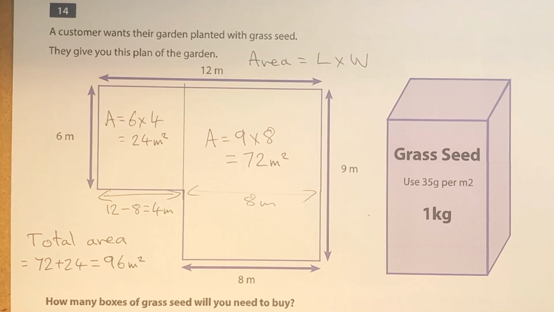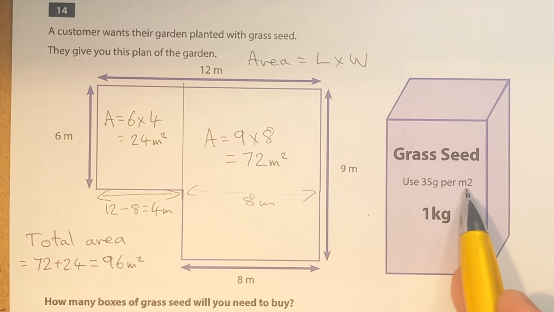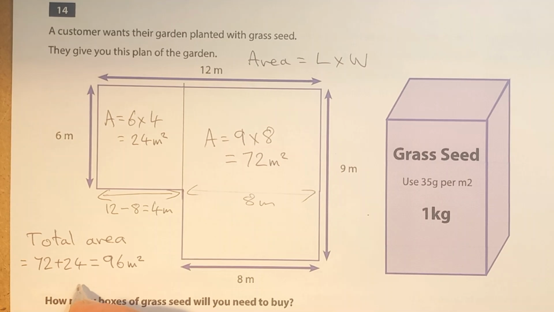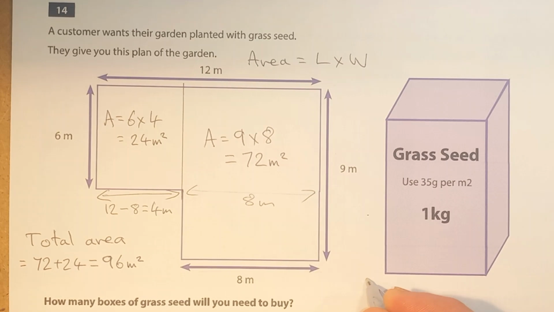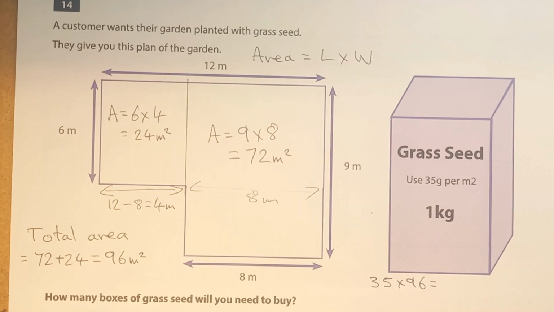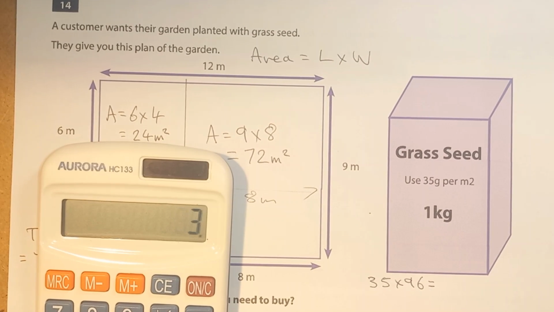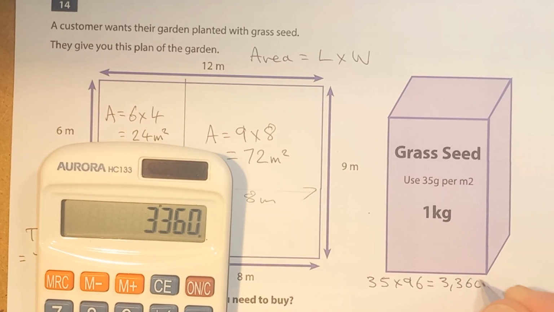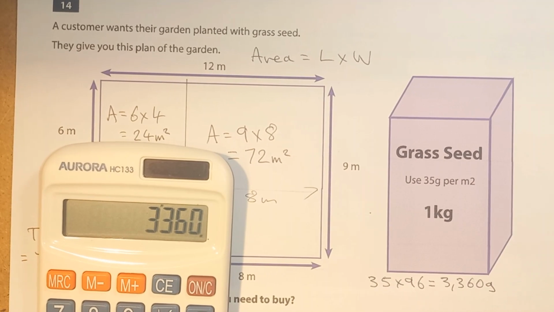Okay, right, so how much seed do we need? Well, we need 35 grams for every metre squared. So let's do it over here. We want 35 times 96, or 96 times 35. That's going to be 3,360, and that's in grams.